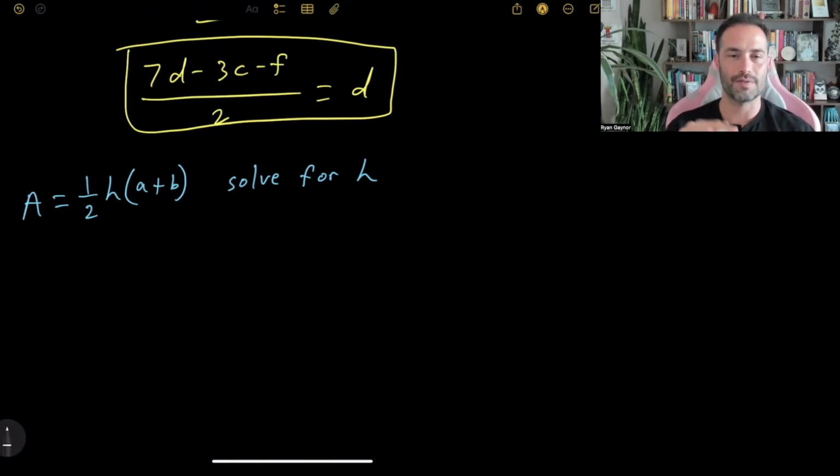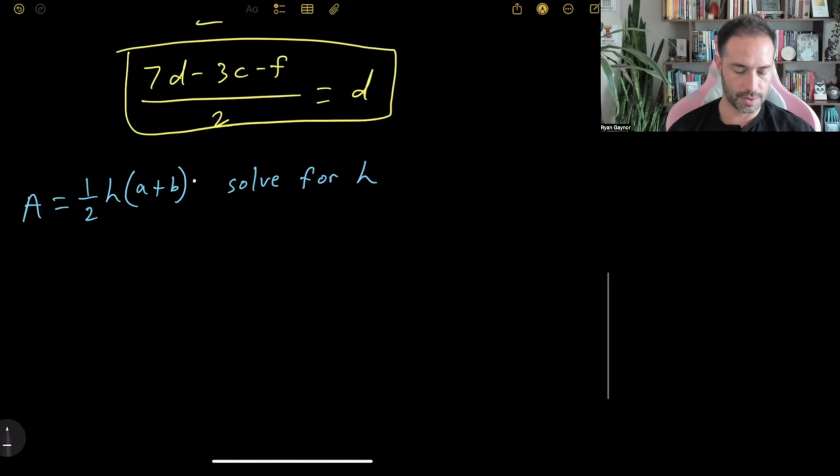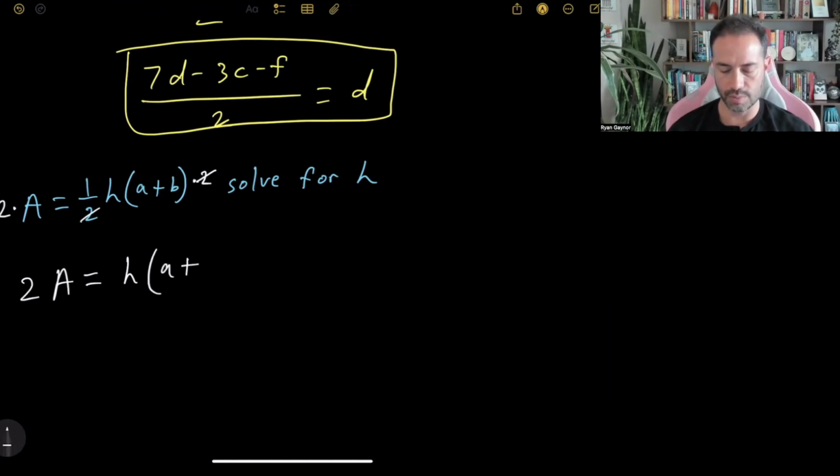So 1/2, if I flip it, becomes 2 over 1. Okay, so if I do A times 2 right here and A times 2 right here, I get 2 capital A equals, this cancels with that, h times the parenthesis of a plus b.